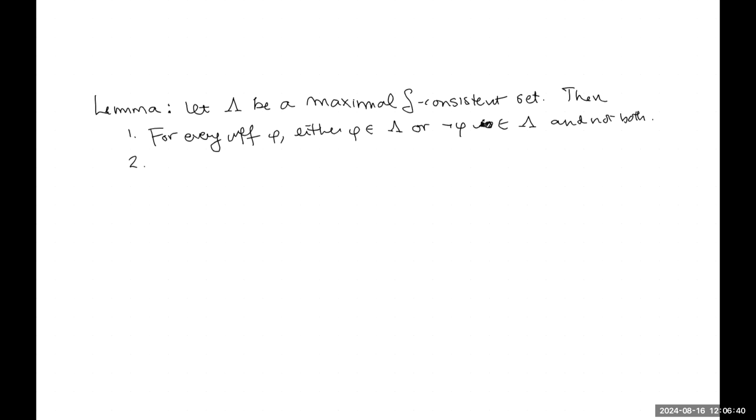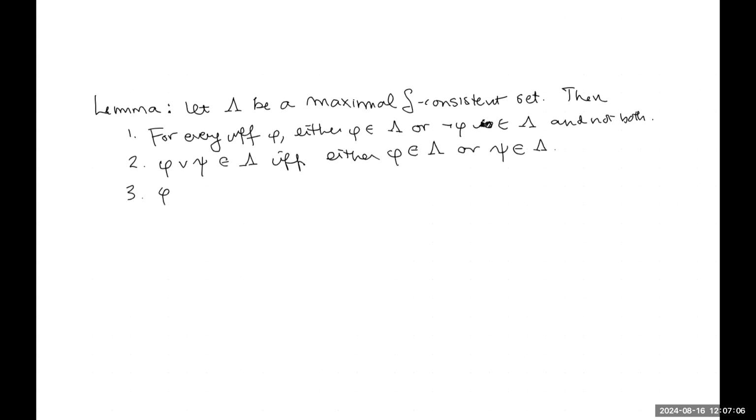This is the fact that I was kind of pointing to at the end of the previous video. And then we will have that phi or psi is a member of lambda if and only if either phi is a member of lambda or psi is a member of lambda. So disjunctions only get in if one of their disjuncts are, and if one of the disjuncts is, then the disjunct itself is.